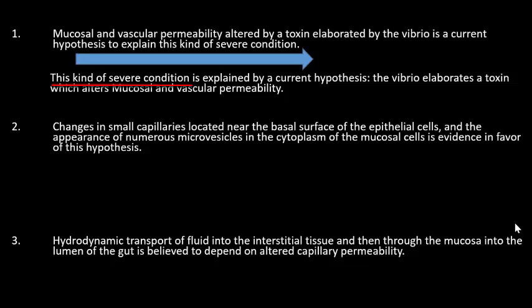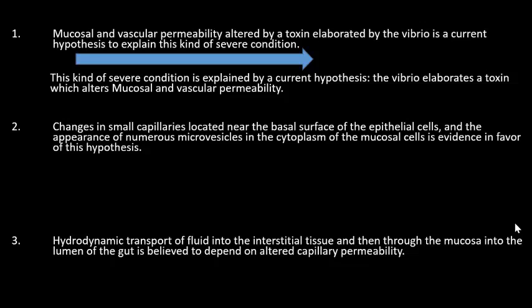This kind of severe condition is explained by a current hypothesis. The vibrio elaborates a toxin which alters mucosal and vascular permeability. All right, now I'm still a little vague on what a vibrio is and what mucosal and vascular permeability is, but I feel like I could look those terms up and I'd understand what this sentence is about.